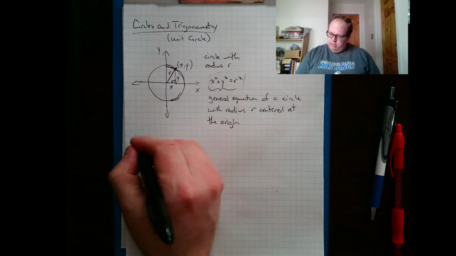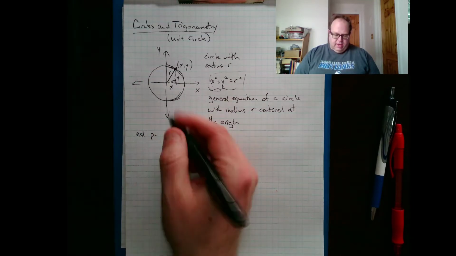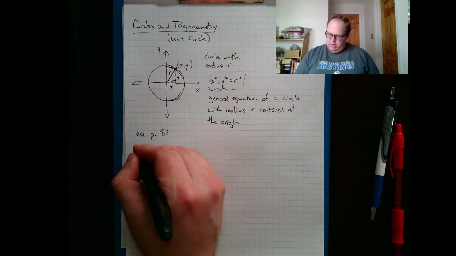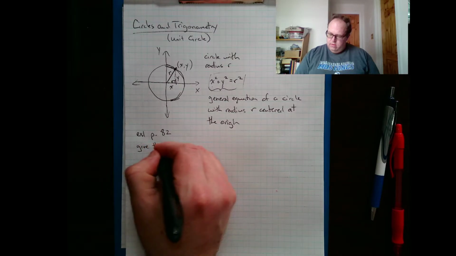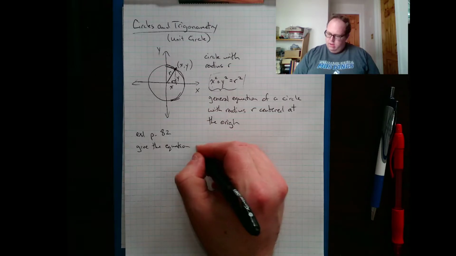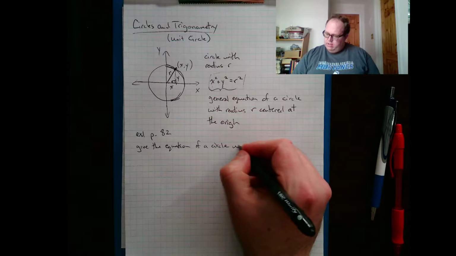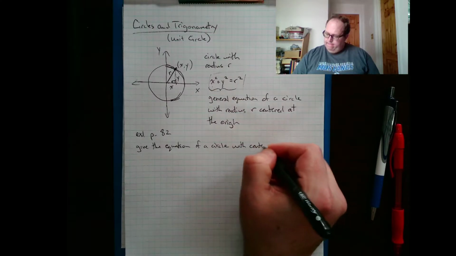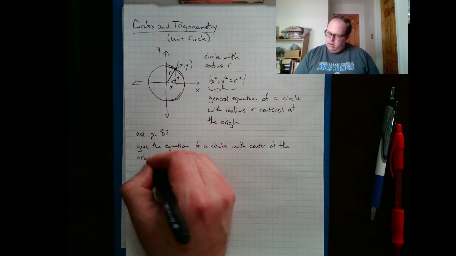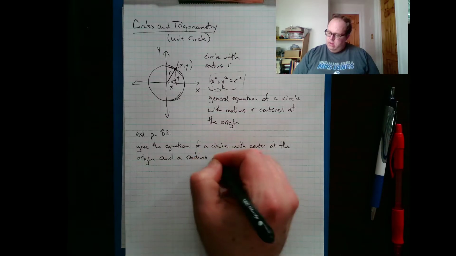So, a couple of examples of working with this. Example 1, off of page 82, asks you to give the equation of a circle with a center at the origin and a radius of 2.